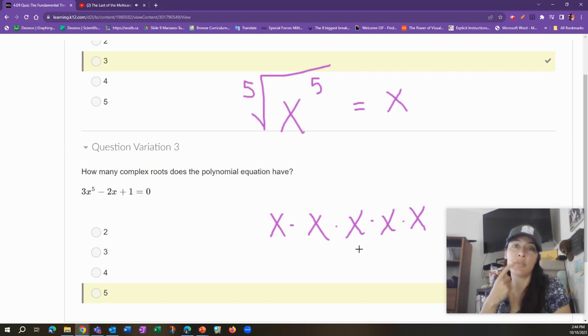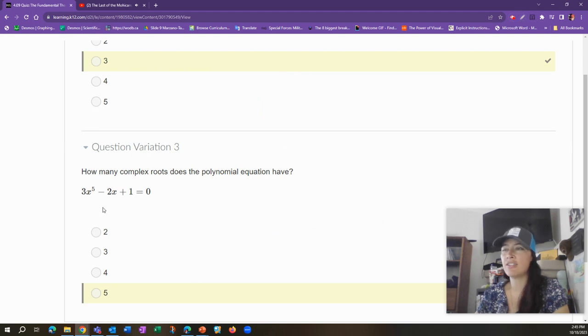We call that a multiplicity of 5 in this example. But there are 5 x's that are possible solutions to the 5th root. That's a very generalized explanation just to explain where this word complex roots comes from.